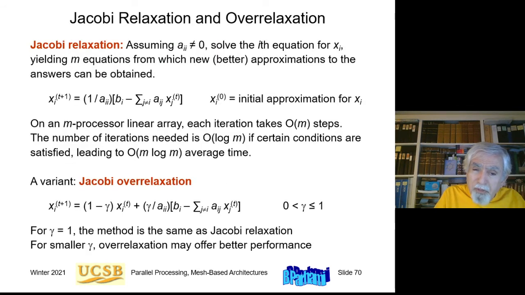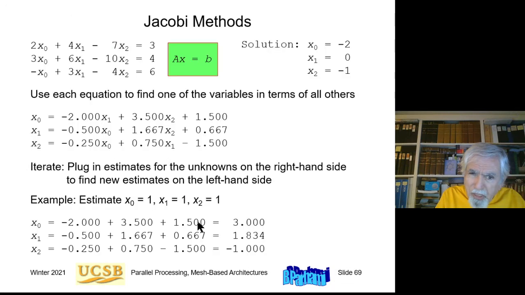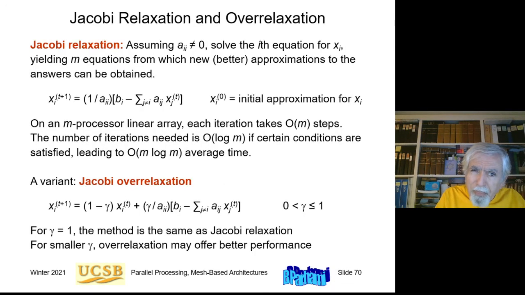So in order to avoid those wild oscillations, Jacobi over-relaxation finds a new value of one of these variables, not from that equation alone, but a combination of the old value and what that equation suggests. So this equation basically suggests a new value, and this is the equation that I used on the previous slide.